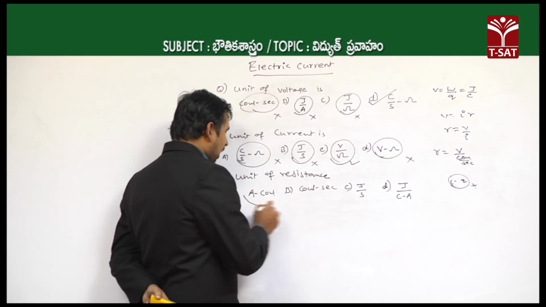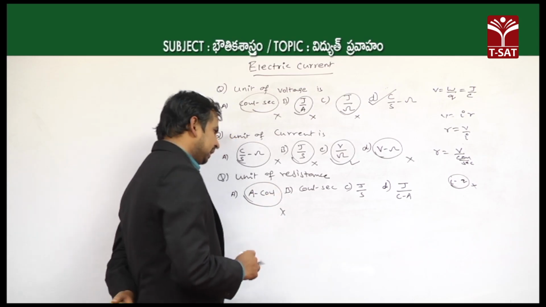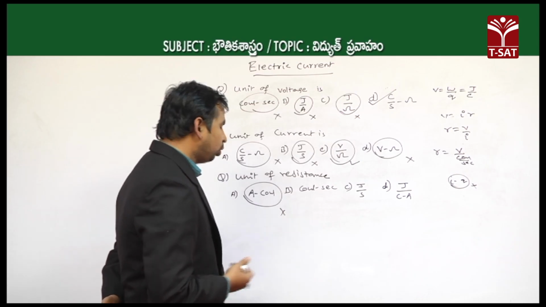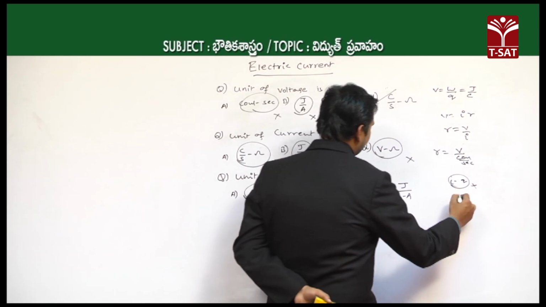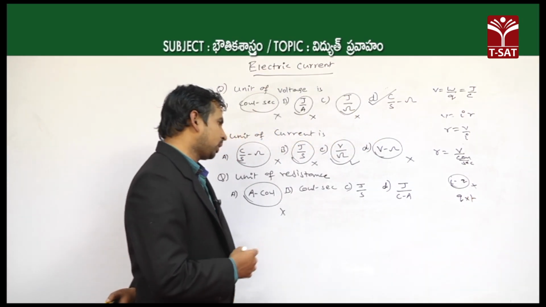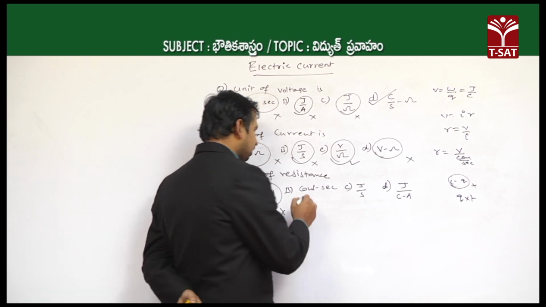So ampere coulomb is wrong. Next, coulomb second, again coulomb is the charge, so Q into T is not about the current or resistance. That is also wrong.